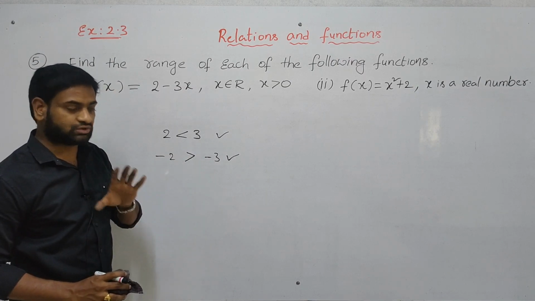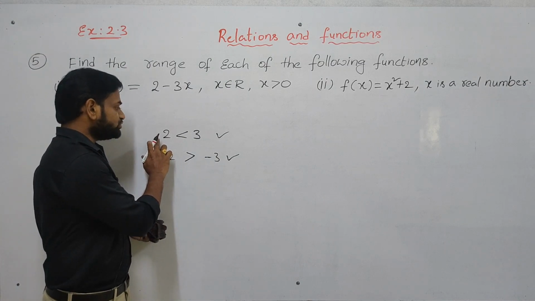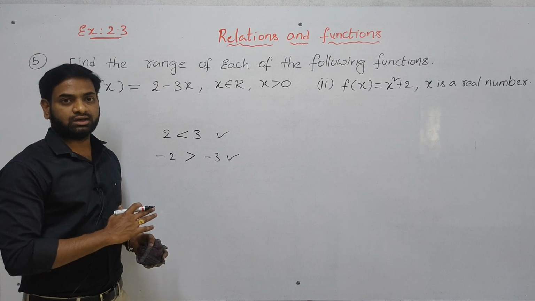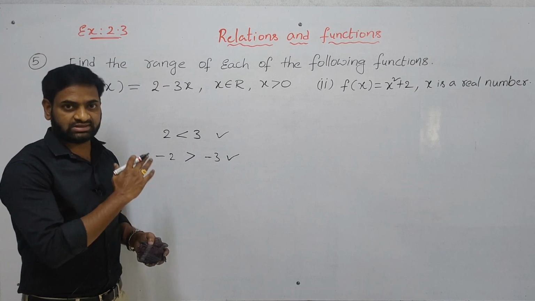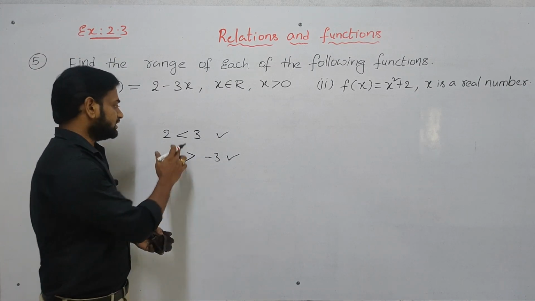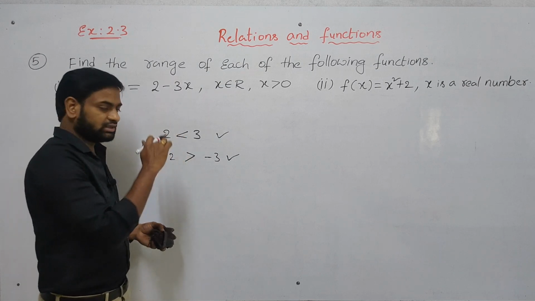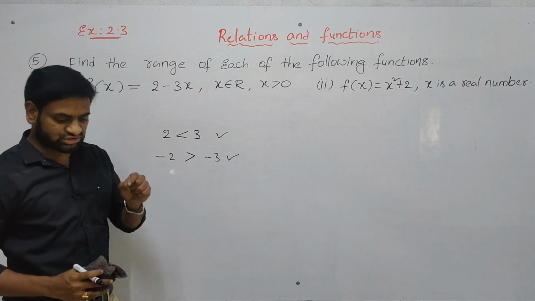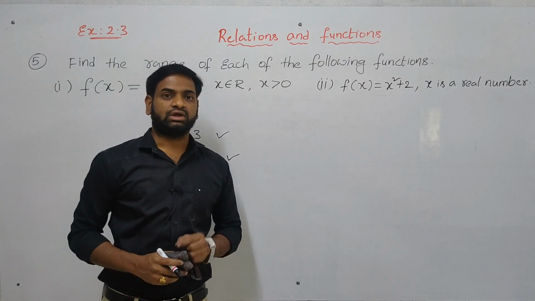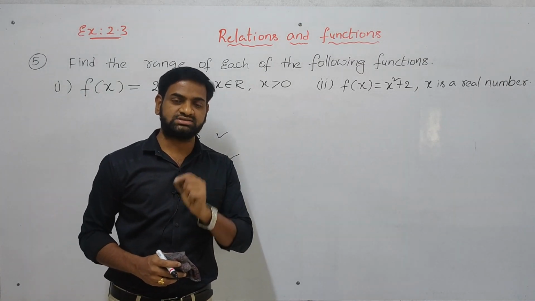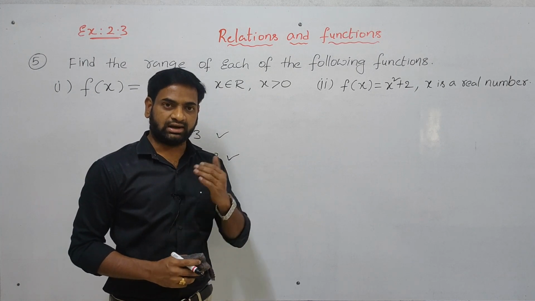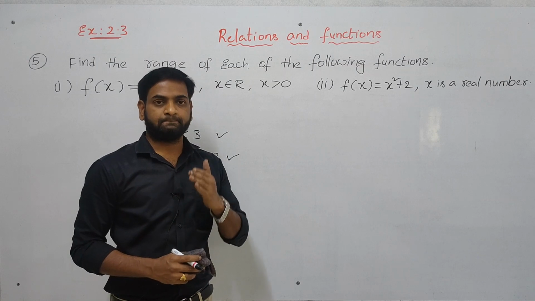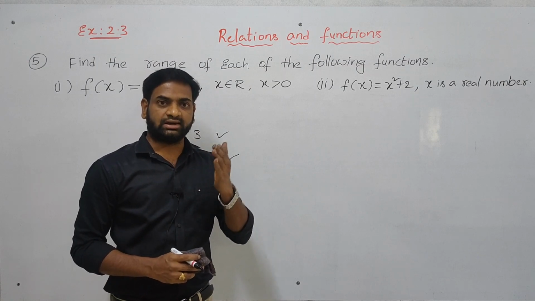Now see here, observe here. When you multiply minus on both sides, then this less than will be greater than. So just remember one thing, if you multiply minus on both sides, then less than will be greater than and greater than will be less than.